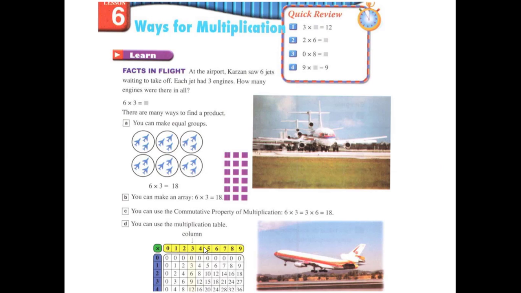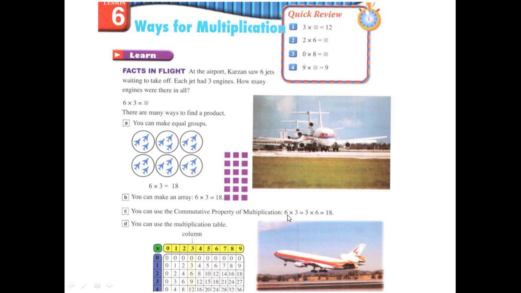Okay, now we have ways of multiplication, guys. You have 4 ways to write multiplication sentence. A, you can make an equal group like this. Okay, you have 6 groups. Every group contains 3 is equals to 18. You can make an array like this. How many rows and columns you have. You can use the commutative property, as I told you.